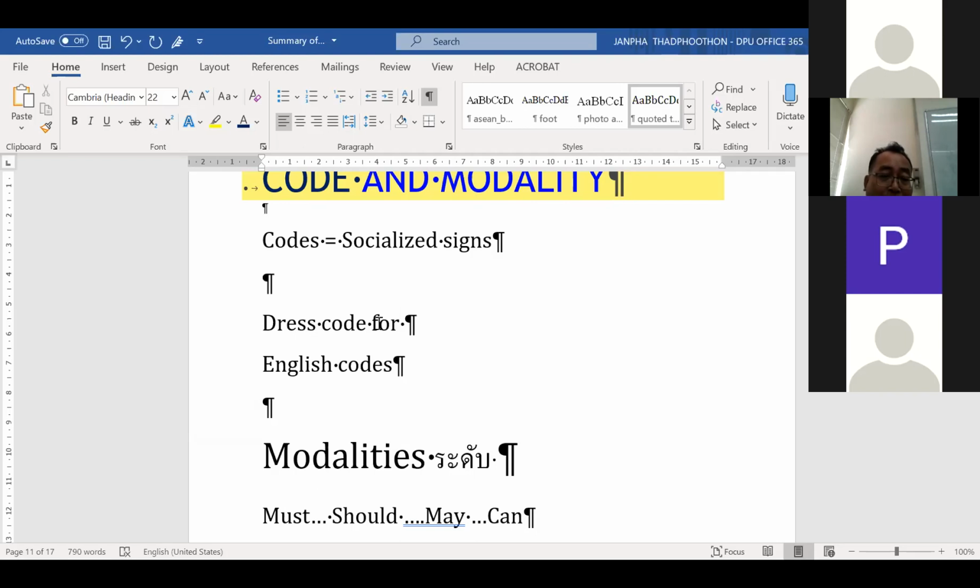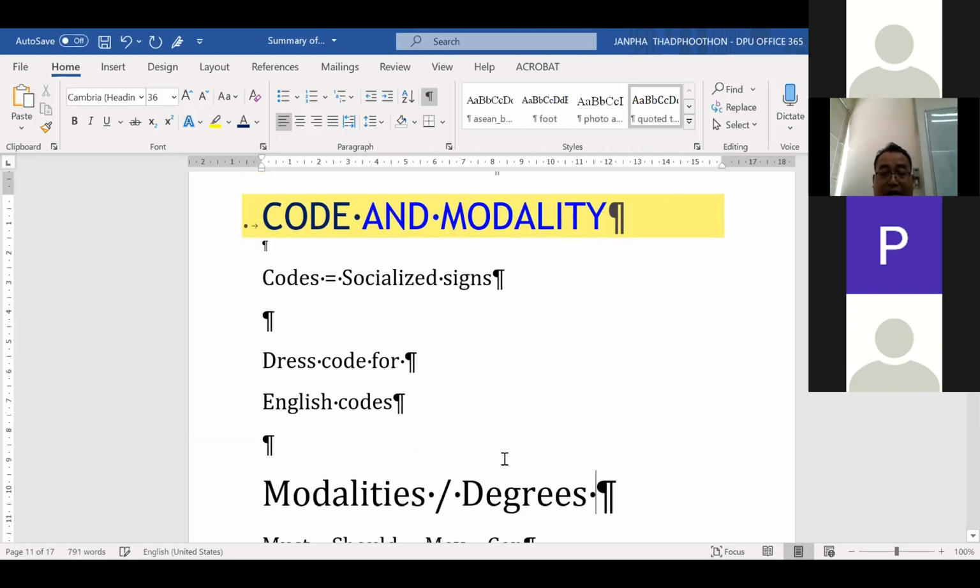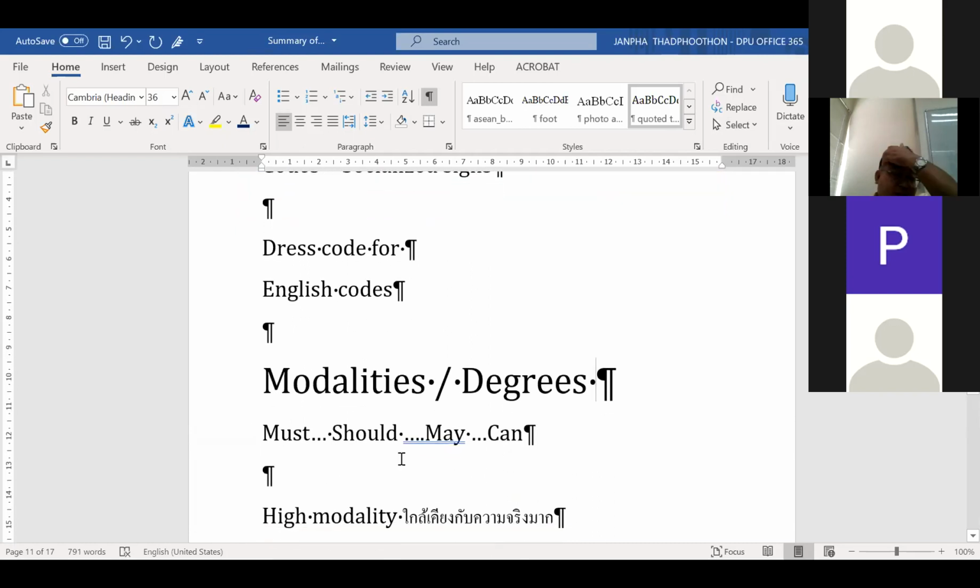Now let's talk about modalities. In English, modality actually means what we call degree of something. Degree. In English, we have learned about modal verbs.